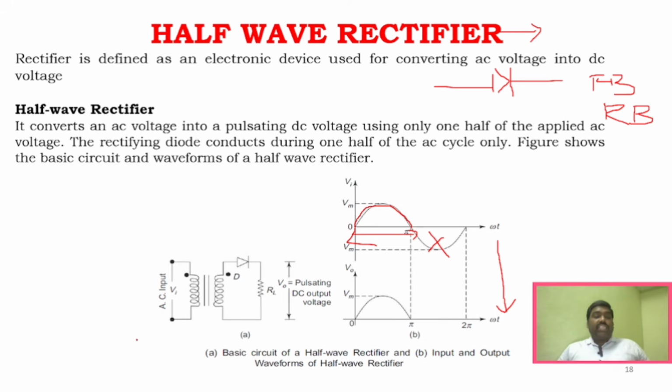So this is the construction of half-wave rectifier, where for the construction we will have a transformer, a load resistance and a diode, a PN junction diode, right? And this is a normal transformer.